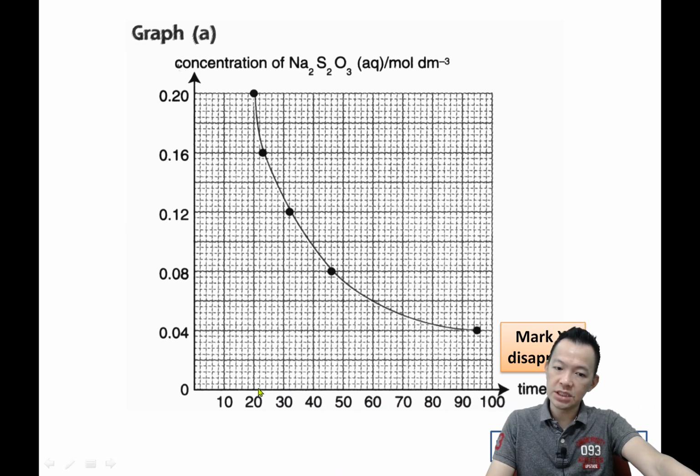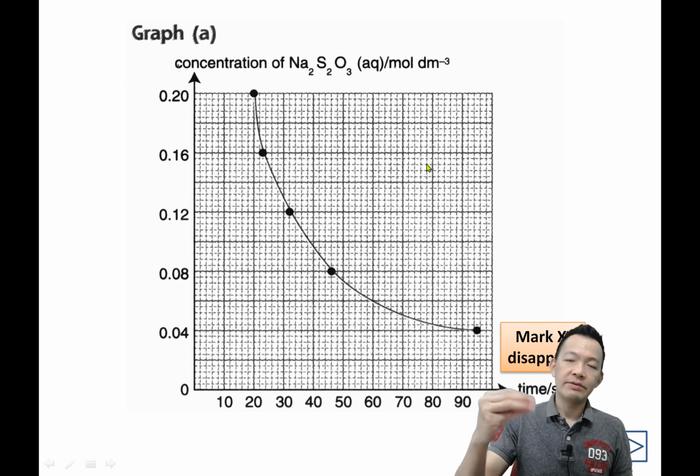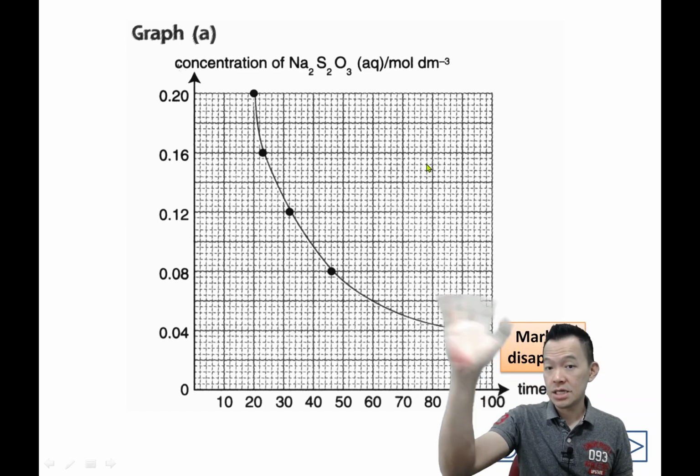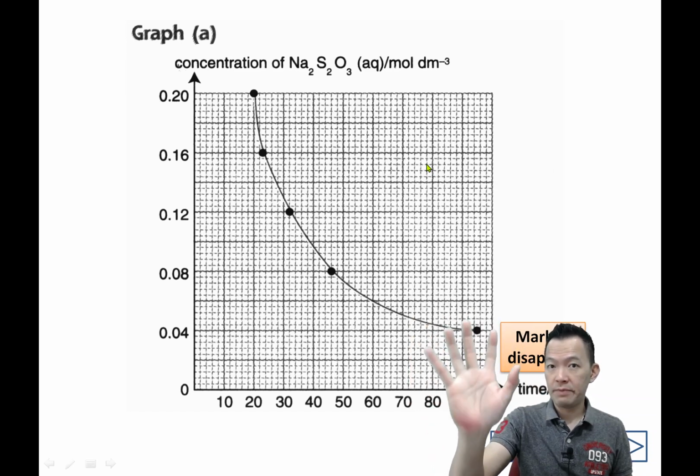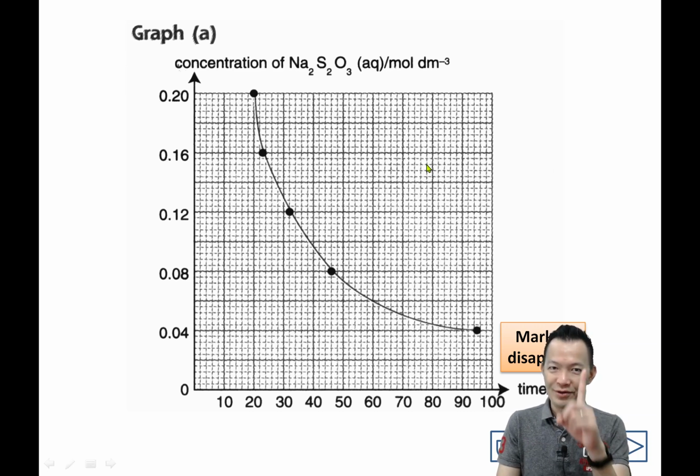Mark X 不见的时间呢就比较短。When the concentration becomes lower, 当浓度越来越低的时候，mark X 不见的时间呢就比较长了，对不对？So this is the first style graph. 第一种 graph 就是浓度对时间。But this style graph never appears in exam.